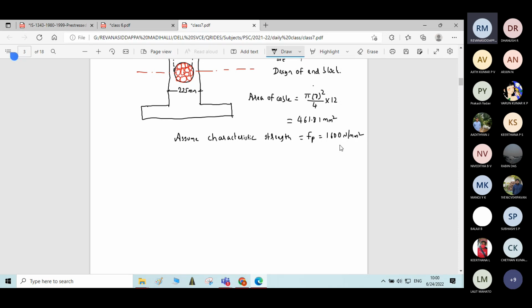In the absence of data, we will assume it as 1600 Newton per mm square. This stress multiplied by the cross-sectional area will give the pre-stressing force.